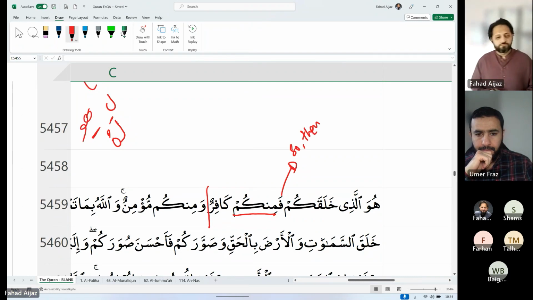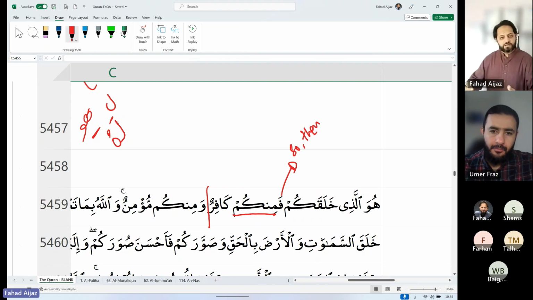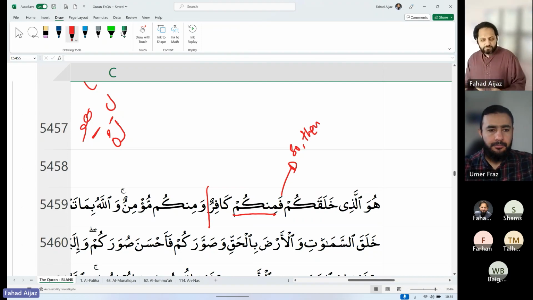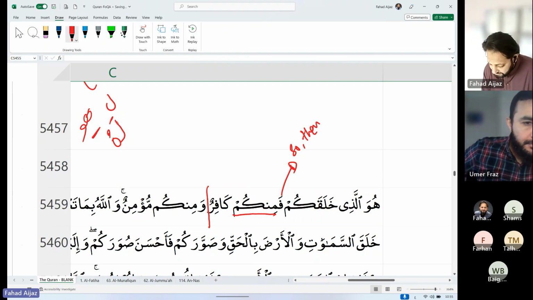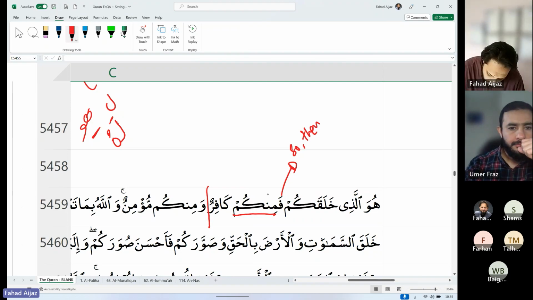It's just a harf. It doesn't create any grammatical impact on the next word. So it can come on a harf, on an ism, or on a fail. It just means so or then. So it can come on min. Does anyone remember the meaning of min? From.